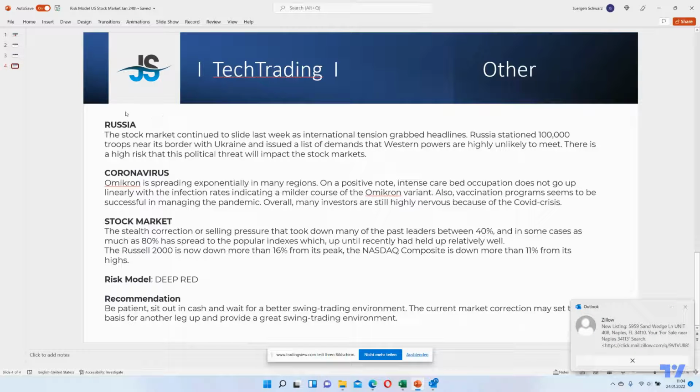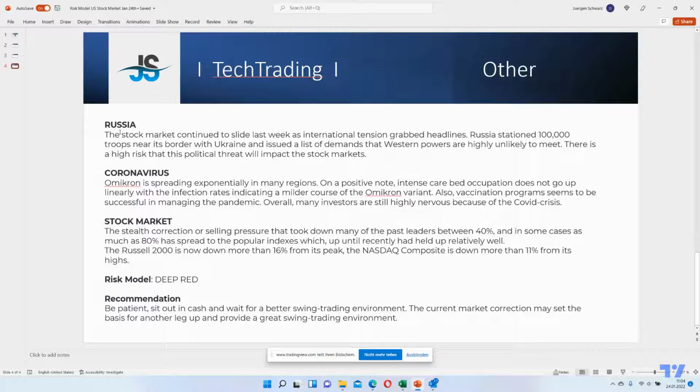Now let's summarize that. So next to the technical indicators, which we just discussed, our risk model is deep red. Obviously, we have the political concerning situation with Russia, stationing big troops near the border of Ukraine, and having issued a list of demand items to the Western powers, which are pretty unlikely to be met.